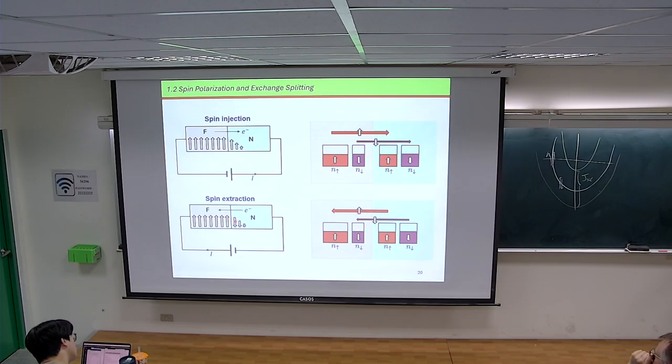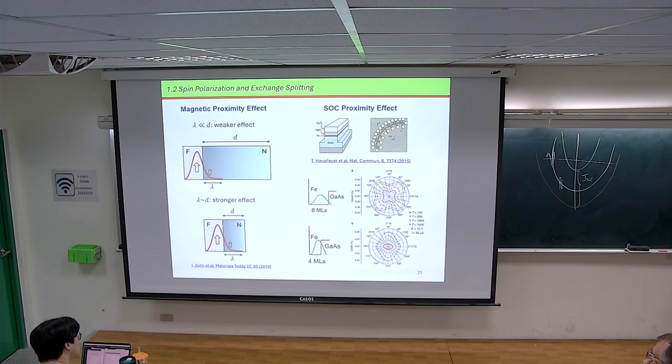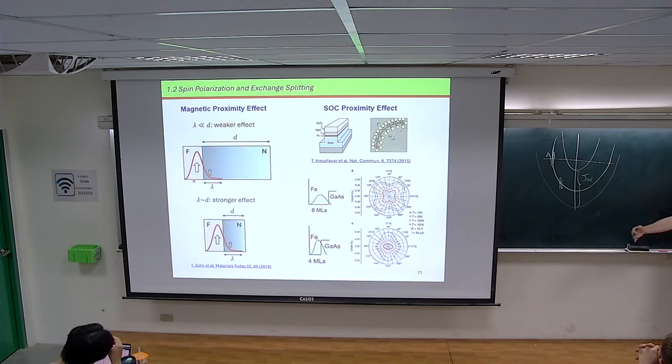Now you can also inject the spins by other means in an equilibrium state, and this is done via the magnetic proximity effect. This is more or less a picture here. Let's say that you have a magnetic layer here and a normal layer on the other side. Some states from the magnetic layer that are spin polarized can penetrate into the non-magnetic layer. Now, this penetration length is typically very small.